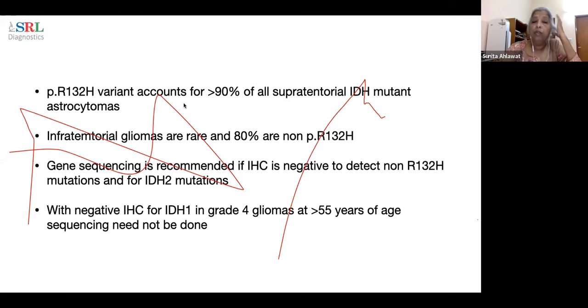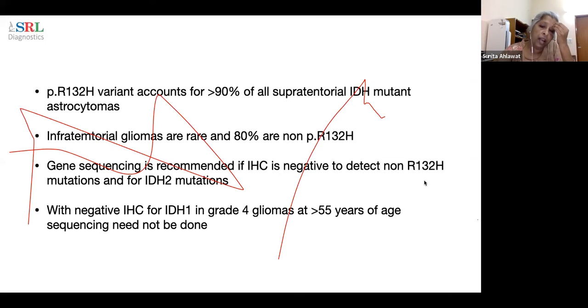Infratentorial gliomas are rare, and 80% of them have non-R132H mutations in IDH1. Gene sequencing is recommended if the IHC is negative to detect non-R132H mutations and for IDH2 mutations.